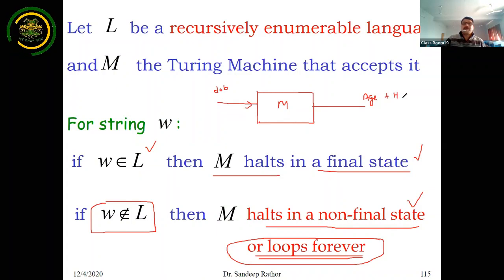So this is the simple problem that any machine will always calculate the age after passing the date of birth as an input. Your machine will produce your current age, and the machine will halt. So this is the simple problem of recursive languages. Is it clear?